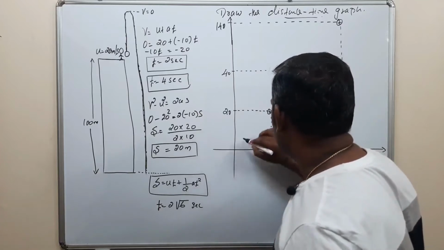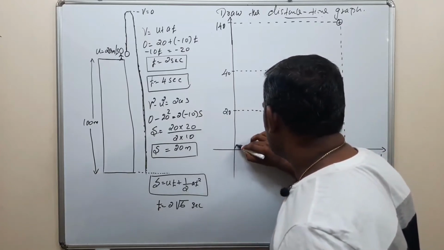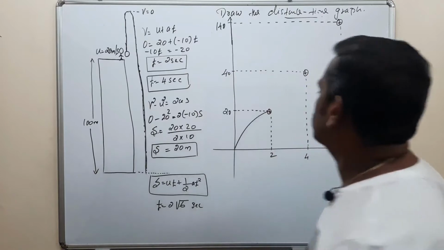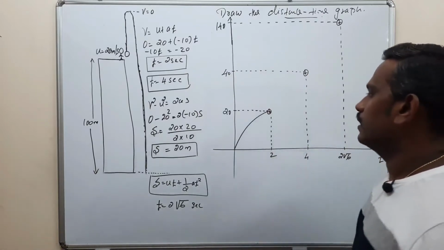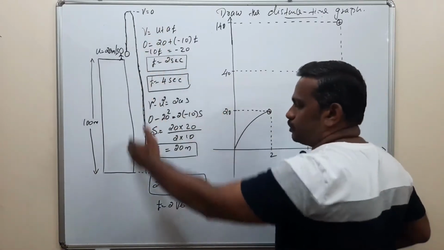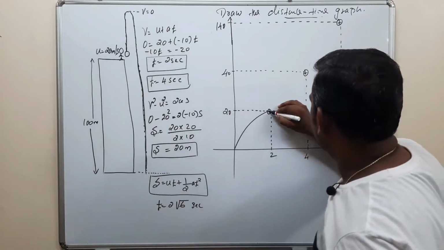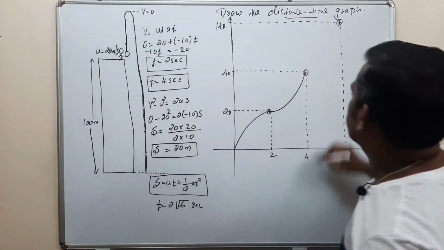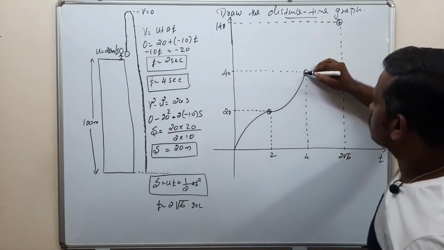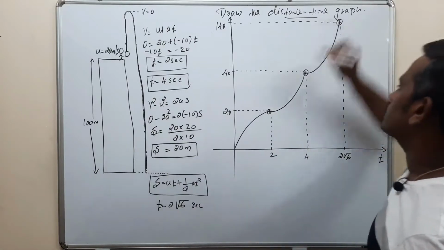Speed decreases, so the curve is like this. From this point to this point the speed increases, so again the curve is like this.